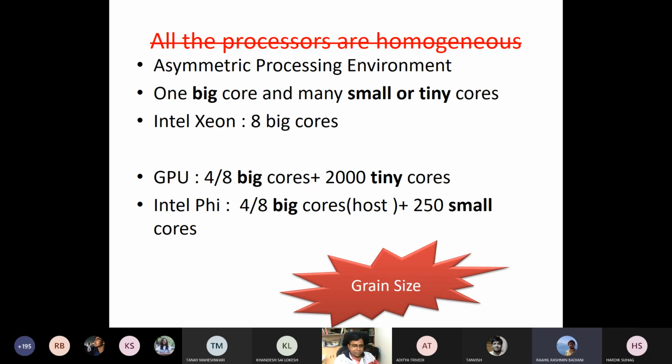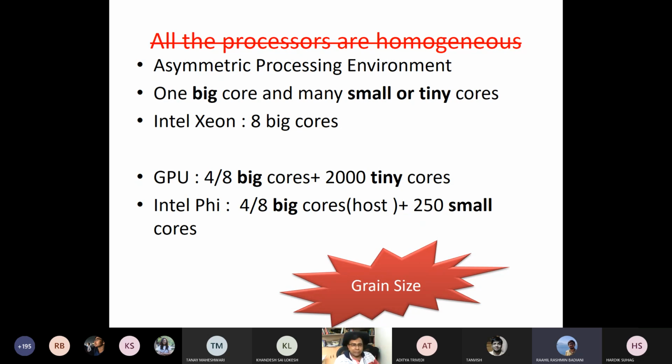Suppose in your PC you have an i5 processor and another graphics card, and you want to run the application using the i5 processor and the GPU card. The GPU card actually has 2000 or 5000, or nowadays even 10,000 tiny cores. Because of this, it is not homogeneous. We cannot say the processing rate is the same for all processors. Then this model will not work.